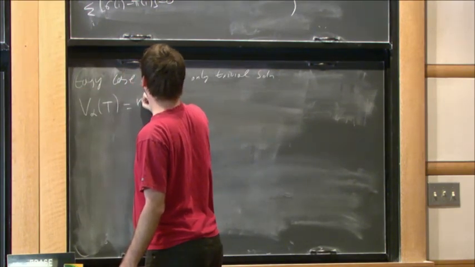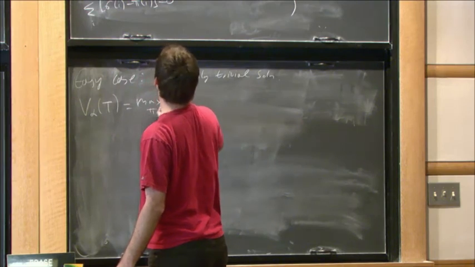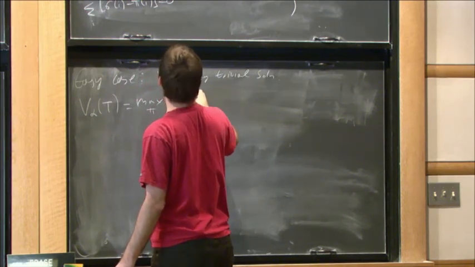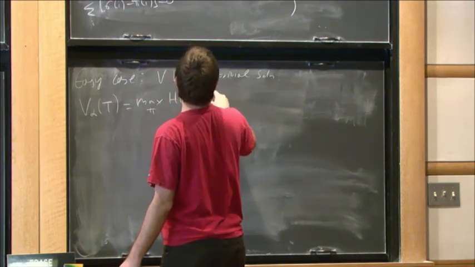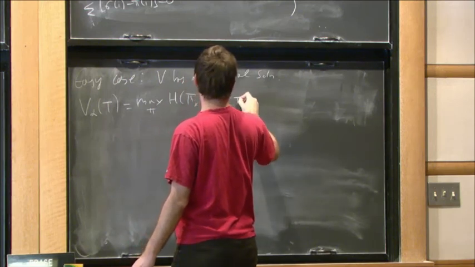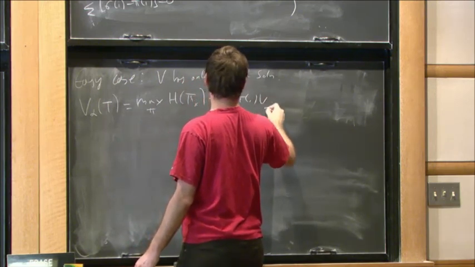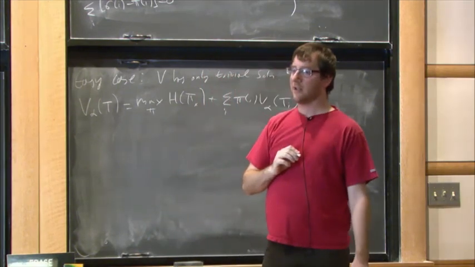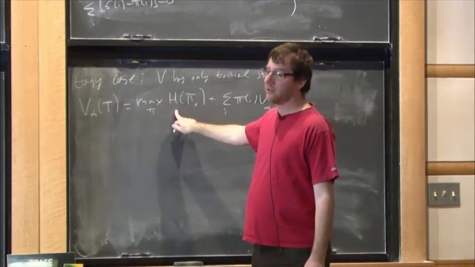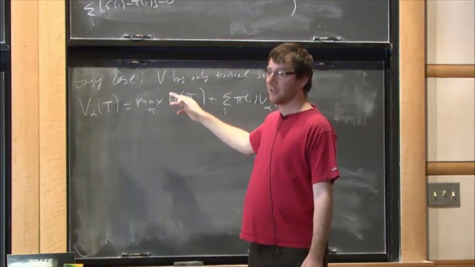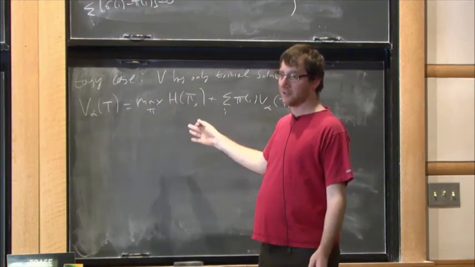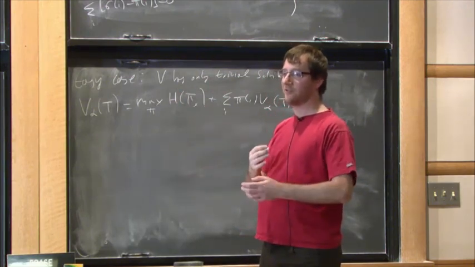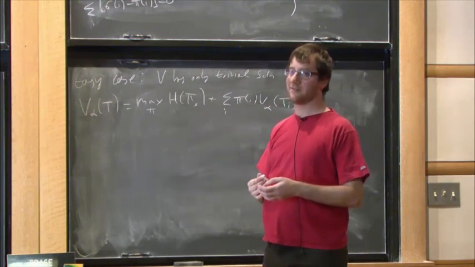Let's say it's equal to the maximum over pi of h of pi x plus the sum over I of phi of I times v alpha of ti. And this function h, the entropy function, is concave. So this is a convex optimization problem, and you can solve it using your favorite algorithm.